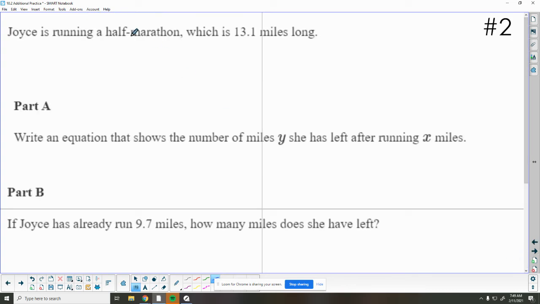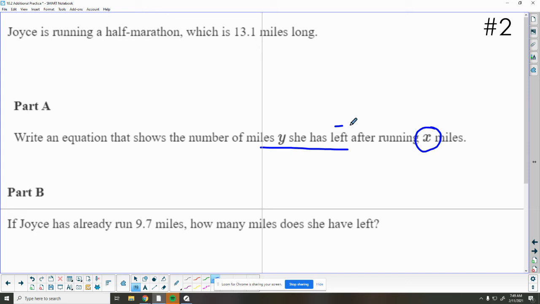Number 2 says that Joyce is running a half marathon, which is 13.1 miles long. We want to write an equation that shows the number of miles y she has left after running x miles. I'm hearing we want to find how much she has left, so that tells me it's going to be a subtraction problem.